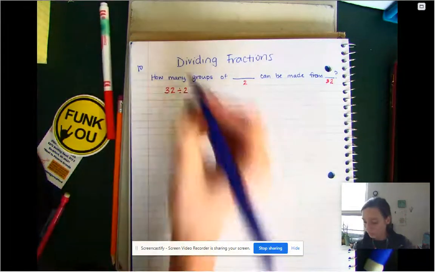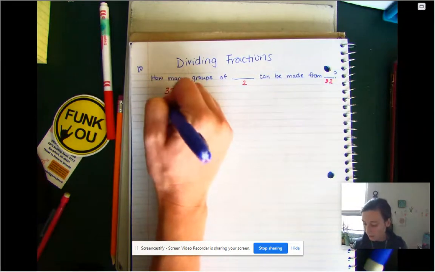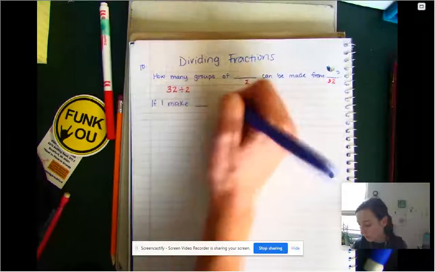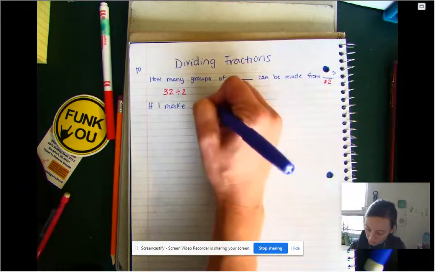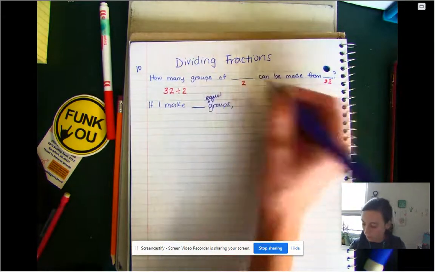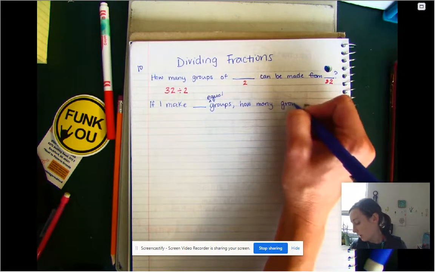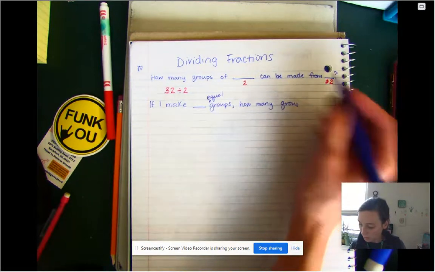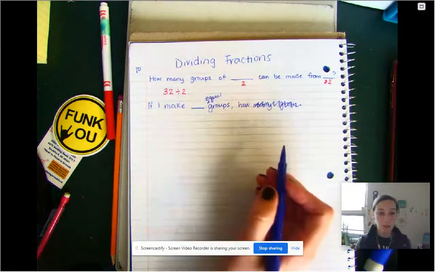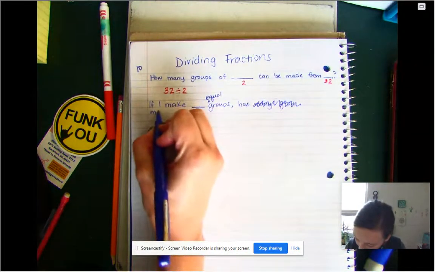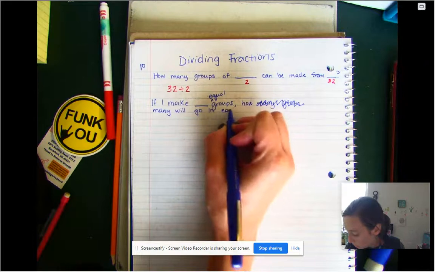The other question that we sometimes ask is, if I make blank equal groups, because that is important, how many will go in each group?